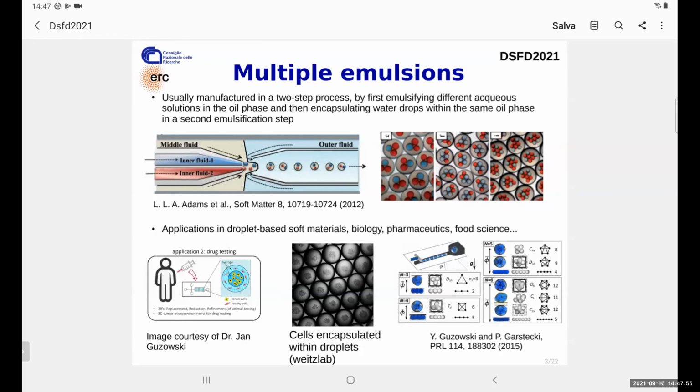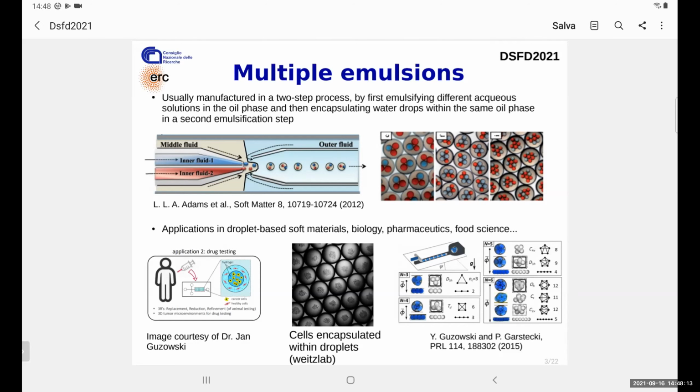So they are used to produce organoid models. Organoids are sort of three-dimensional masses of cells, which are cultivated within the droplets and then are left to grow for hours. So multiple emulsion can be used also as a platform for this sort of studies, more of interest in biology and in medicine.